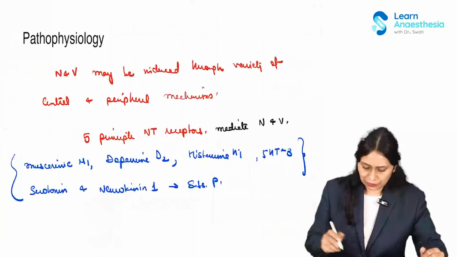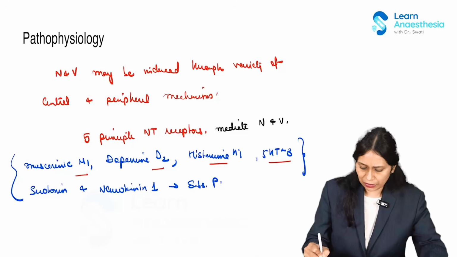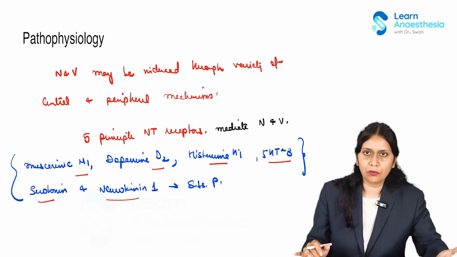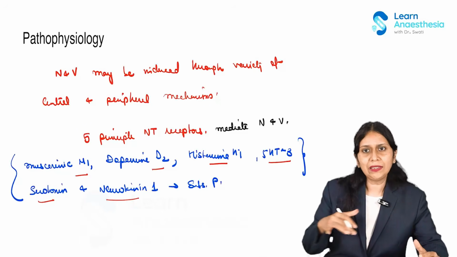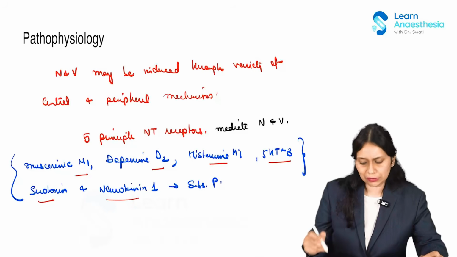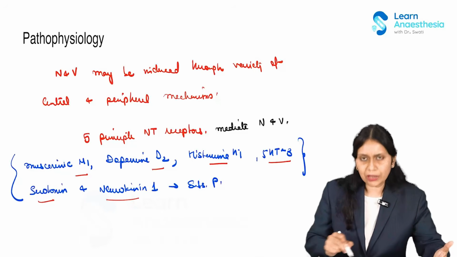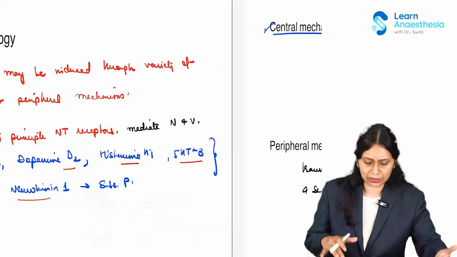So we discussed that various stimuli like muscarinic, dopamine, histamine, 5-HT3, serotonin and neurokinin are involved in precipitation of nausea and vomiting. So when we are planning the antiemetic prophylaxis, we should target multiple receptors for an effective prophylaxis, and that is what we will discuss further.